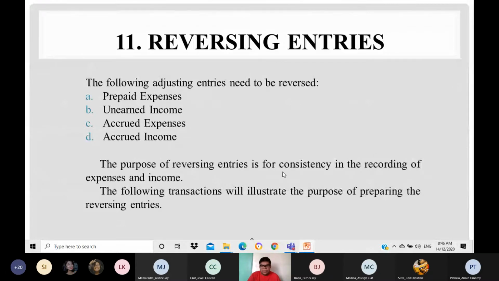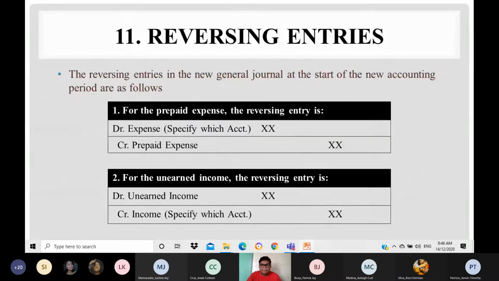So the following transactions will illustrate the purpose of preparing the reversing entries. So reversing entries, general journal. Bagong journal na, bagong taon na. At the start of the new accounting period are as follows.